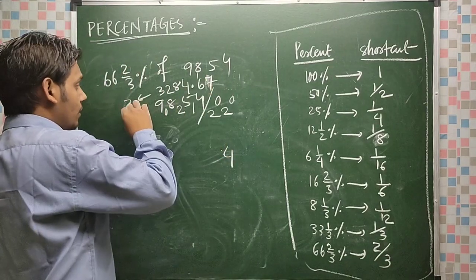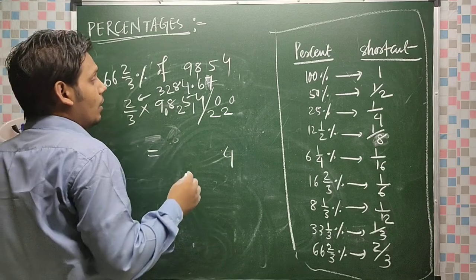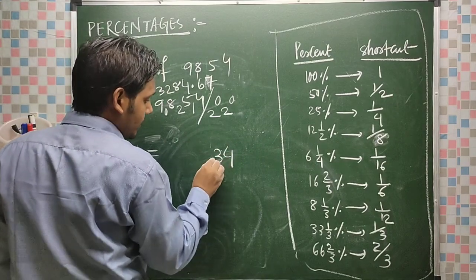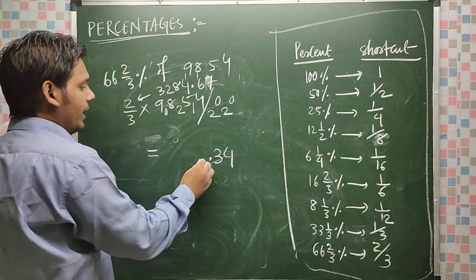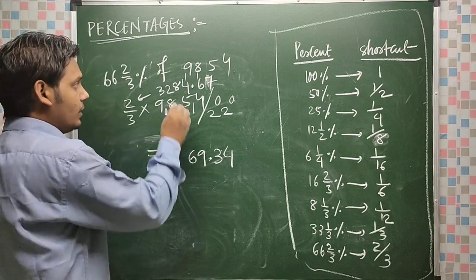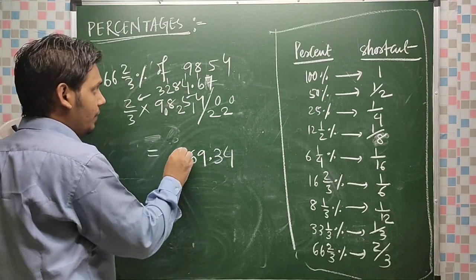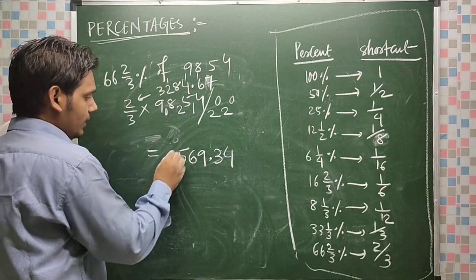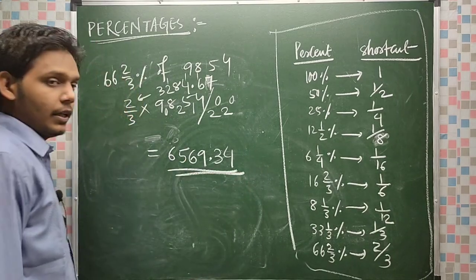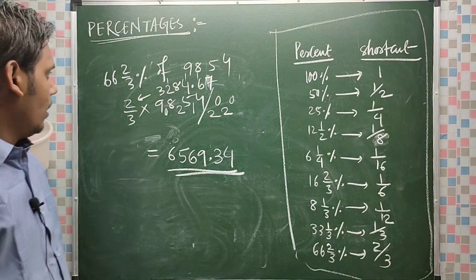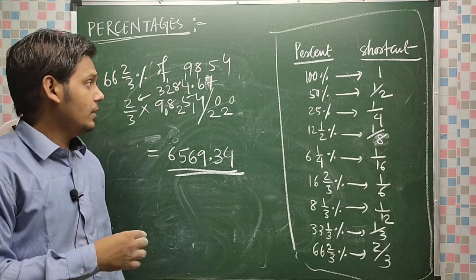Now 1 carry, so 2 6 12, that means 13. Again 2 4 8, 1 9. 2 8 16, 1 carry, 2 2 4, 1 5, then 2 3 6. The answer is 6569.34. I hope you will understand this.